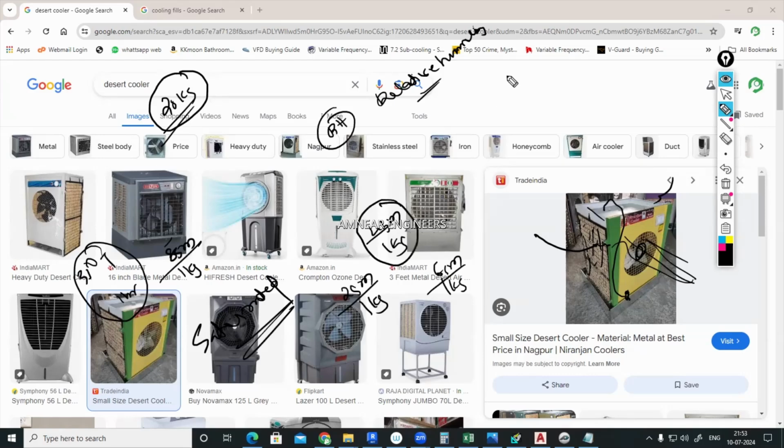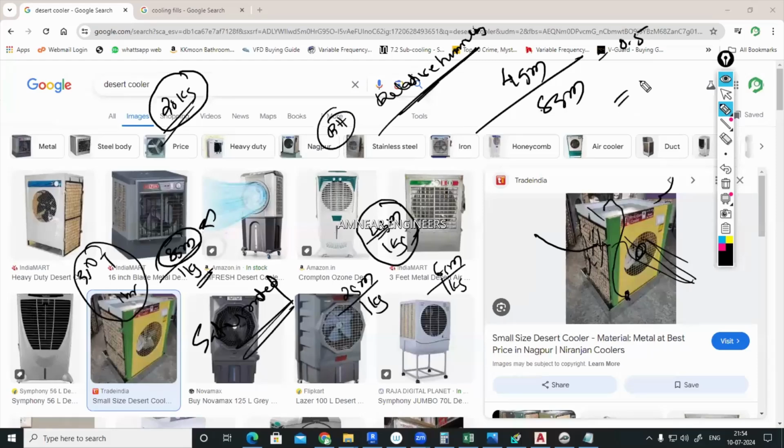The relation between the present condition and the saturation condition is called relative condition. For example, in terms of humidity, each kilogram of air can carry 8 grams of water. But when I measure at present, each kilogram of air has just 4 grams. So 4 divided by 8 gives a value of 0.5, or 50%.